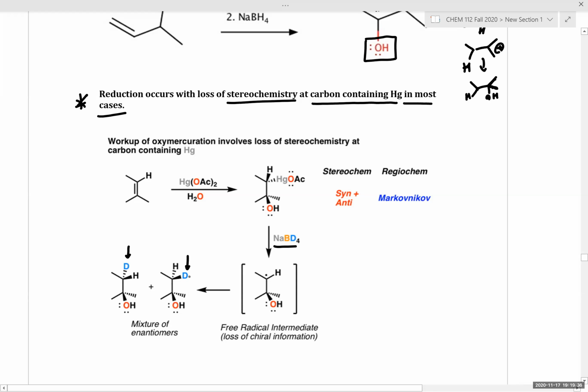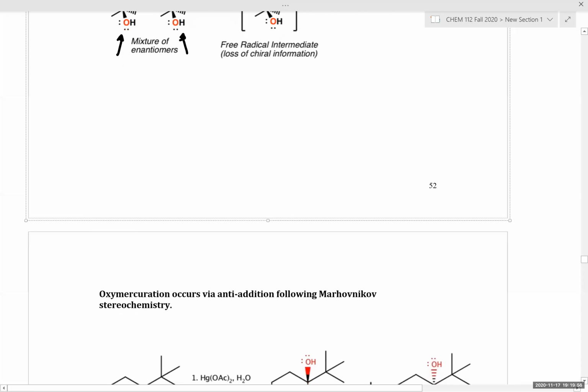You see a mixture of incorporation of deuterium and a mixture of stereochemical outcomes for the reduction at that stereocenter. You do set the alcohol stereocenter with stereo control.